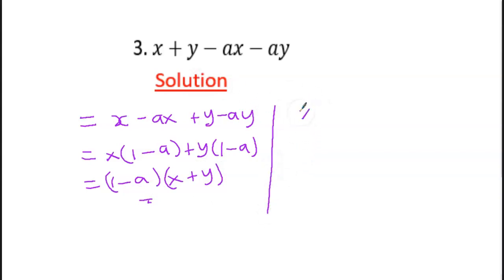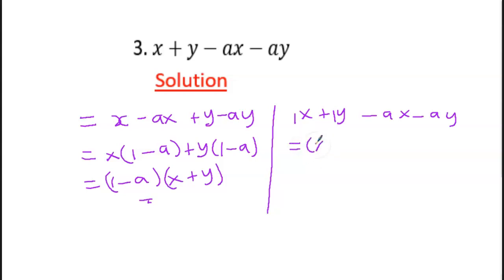So we have x plus y minus ax minus ay. Well, no letter is common in these two terms, but you can say 1 is here, 1 is here. So 1 is common. Let's put them together.